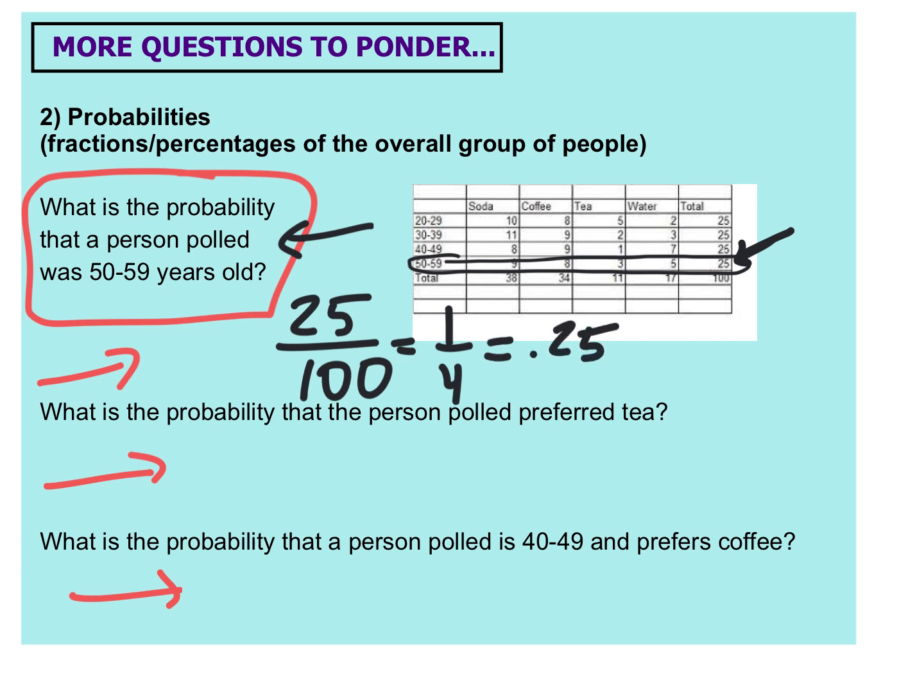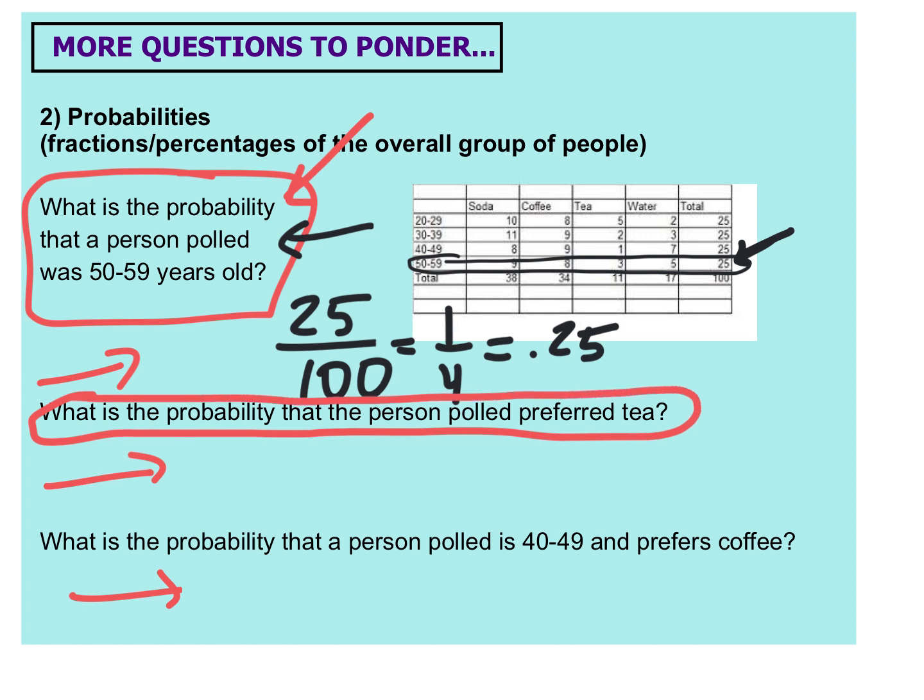What's the probability that the person polled preferred tea? All right, well, this implies that we're still talking about the 50 to 59-year-old. Now, it's really hard to know if that's what they meant or not. But is the 50 to 59-year-old in the question? I don't see it in there.